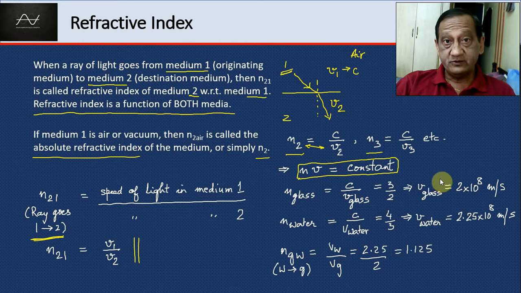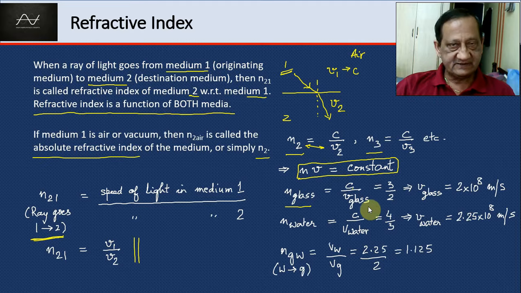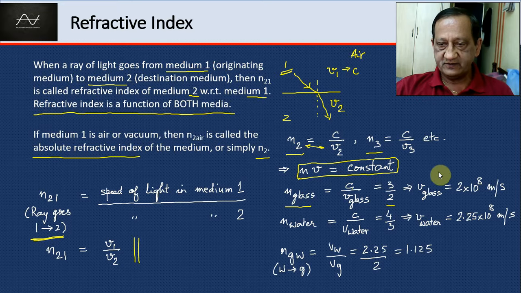So the absolute refractive index of glass, we write as N glass, is c divided by the speed of light in glass, that is V glass. And that has been measured to be 3 by 2. So therefore, V glass will be equal to 2 by 3 of c. c is equal to 3 into 10 to the power 8 meters per second.